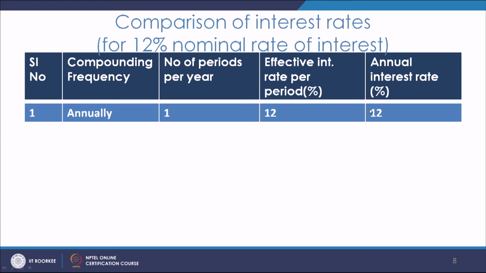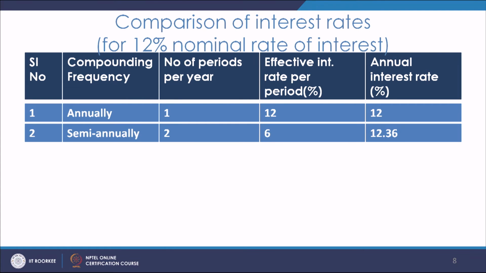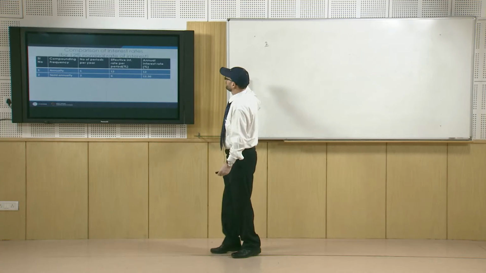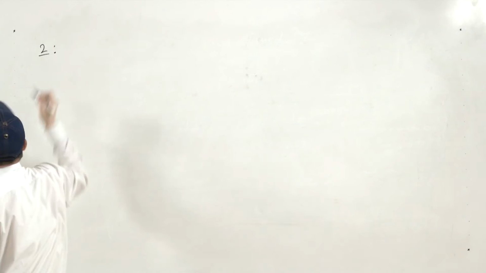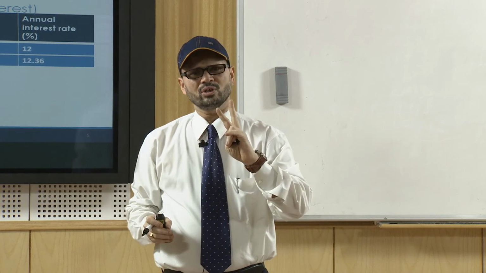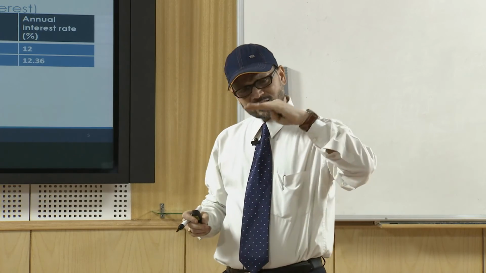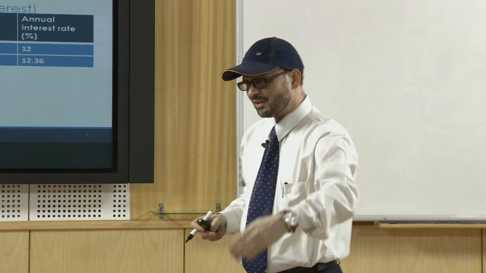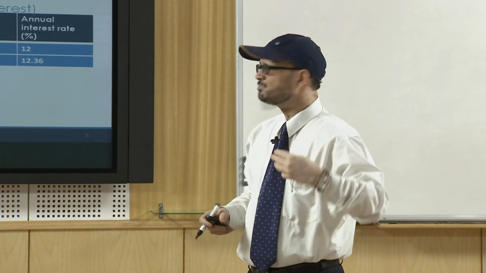Now, when we go for semi-annual compounding, we are doing the compounding 2 times. So, the number of periods per year is 2, and the effective interest rate is 12 by 2, 6%, because 6% interest is levied every 6 months.